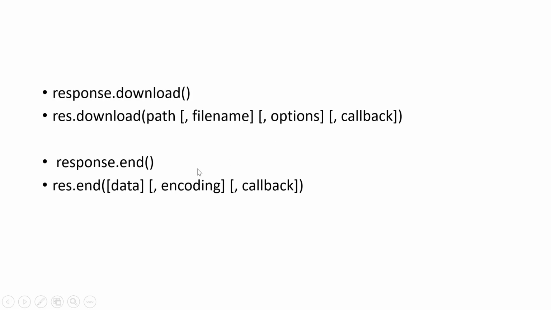Then let's look at response.end. The end method is used to end the response process. It signals to the server that all of the response headers and body have been sent.